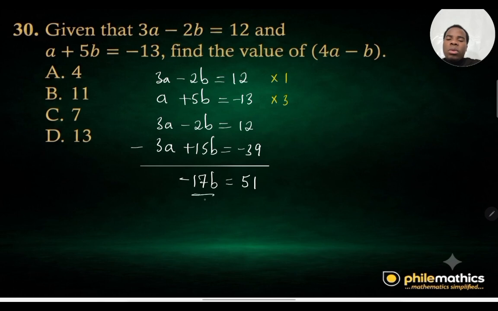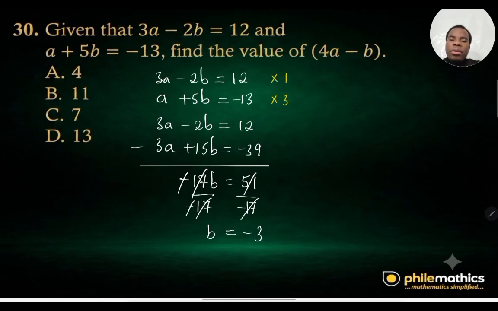To find b, we divide by minus 17. Minus can go, 17 can go into 51 3 times, I will have b as minus 3.